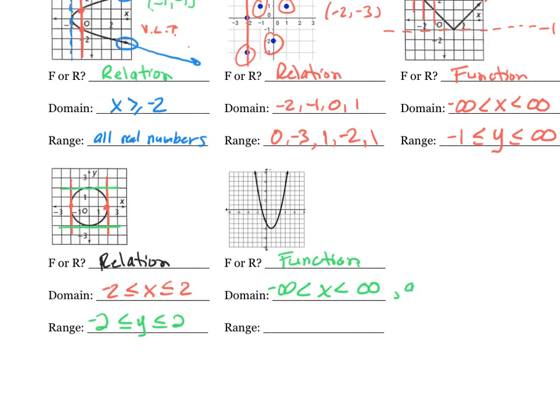In some books they say all real numbers. And the range, if you look, this graph never drops below -4. So that means the lowest y is -4 and the highest y is infinity.